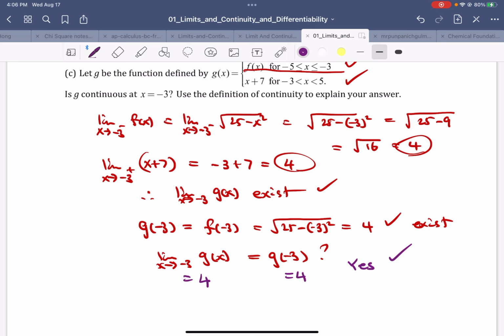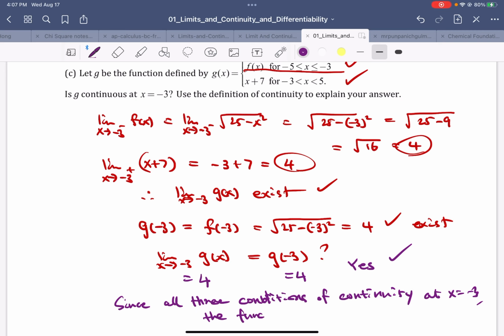Yes. So check. So you can say since all three conditions of continuity at x equals -3, the function g of x is continuous.